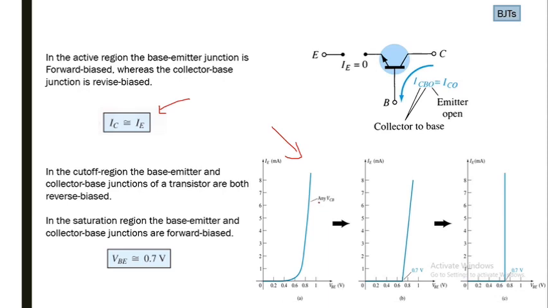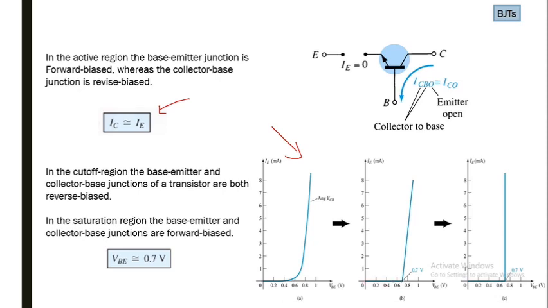So for any VCB we have this curve where the knee voltage is around 0.7 volt. For the piecewise linear equivalent model, as we employed for the diode, you can approximate this curve with these two asymptotes. One is this one and the other one is this.